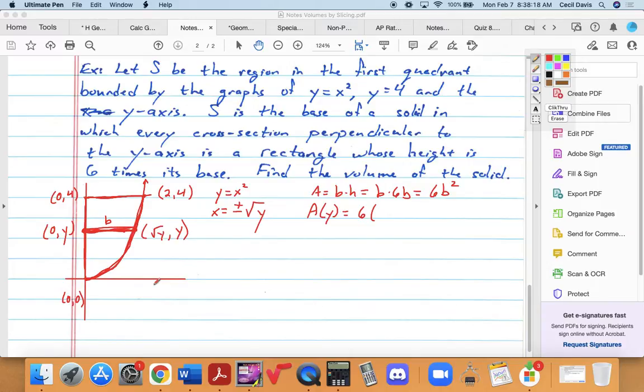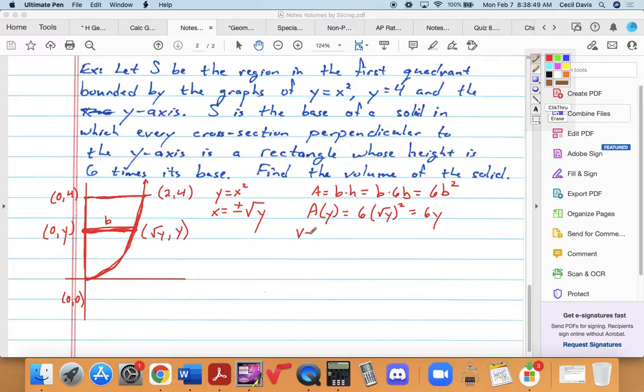Square root of y. It's the square root of y minus 0, which is just the square root of y. Remember, when you're slicing perpendicular to the y-axis, it's always right minus left because you want the larger value. So this is just going to be 6 times the square root of y squared. Well, what could be nicer than that? That's just 6y.